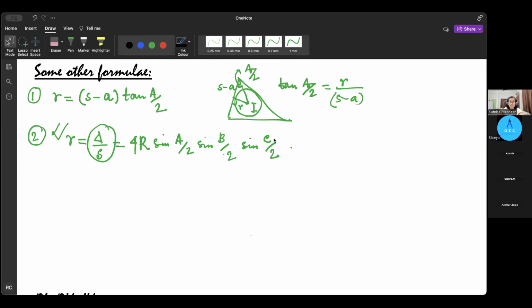R is the inradius, no? Yeah, small r is the inradius, and capital R is the circumradius.